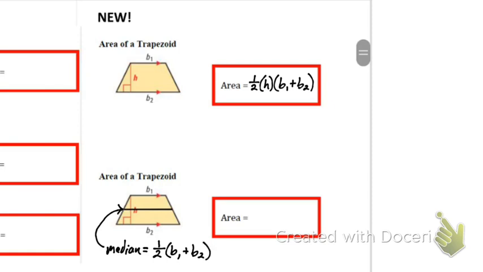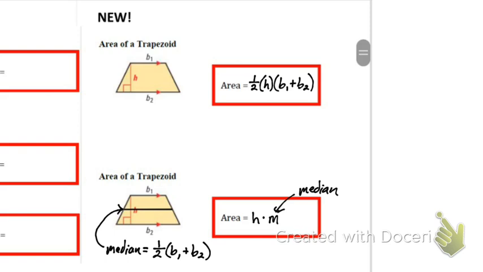That is our median. Well, look at this. If I know the median length, I know 1/2 base 1 plus base 2. So the only thing left is h in there. So knowing the median, you can get the area of a trapezoid by just doing h times m, where that m is our median.